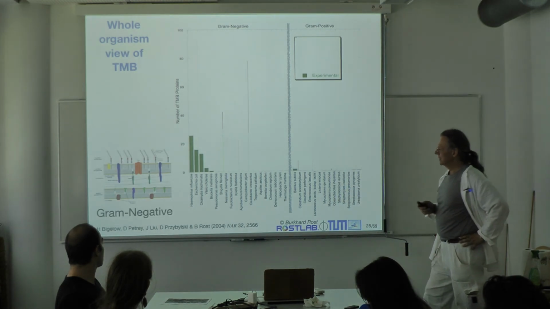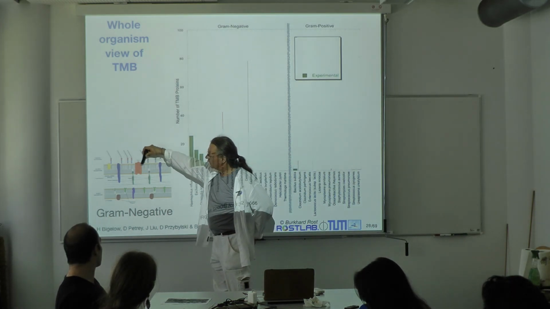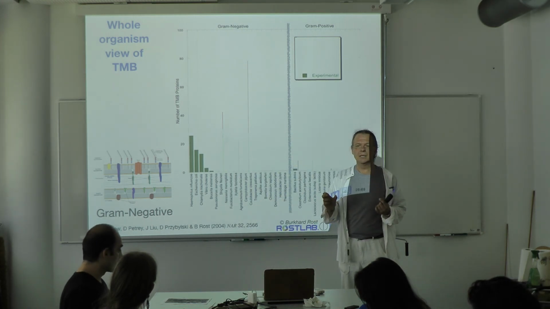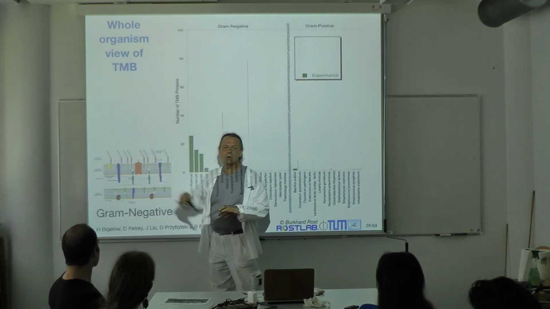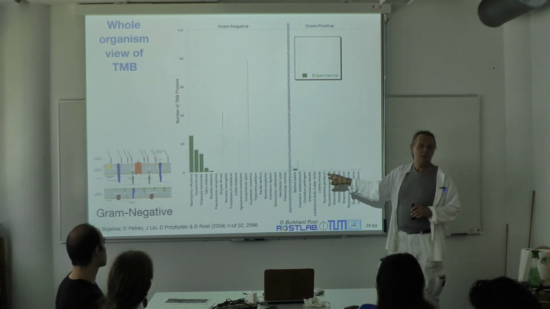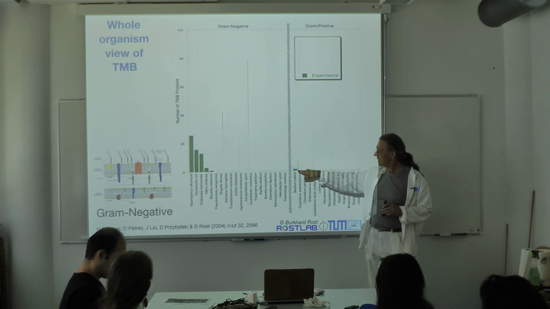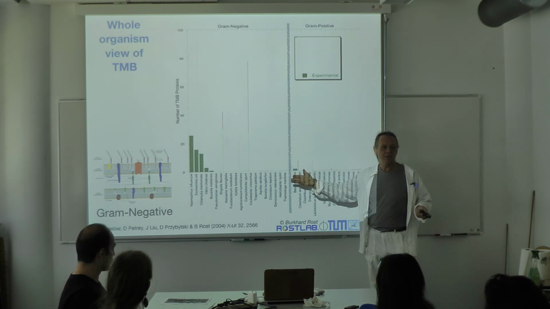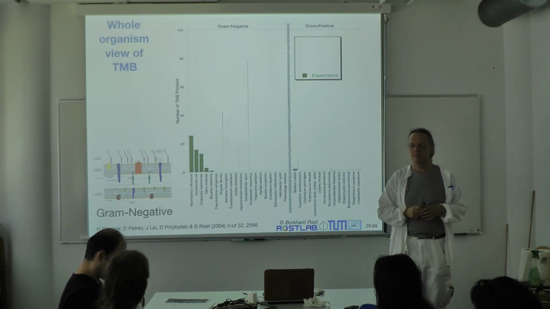By the way, this adds the story of the gram-negative. Gram-negative bacteria have two membranes really, and beta barrel proteins are on the outside. These here don't have beta barrel membrane proteins, so this experimental knowledge is not true.